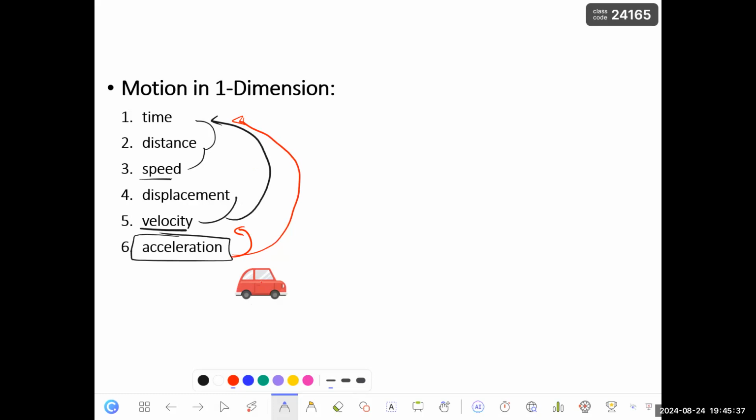So think about it. If this car is moving 10 miles per hour, and then the driver pushes the gas, and this car is going really fast and reaching this point.